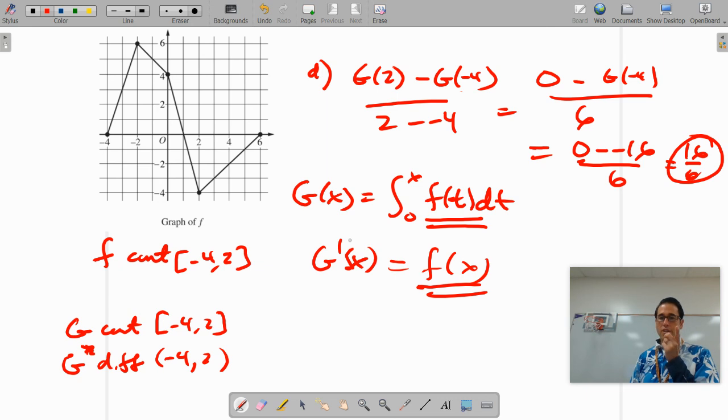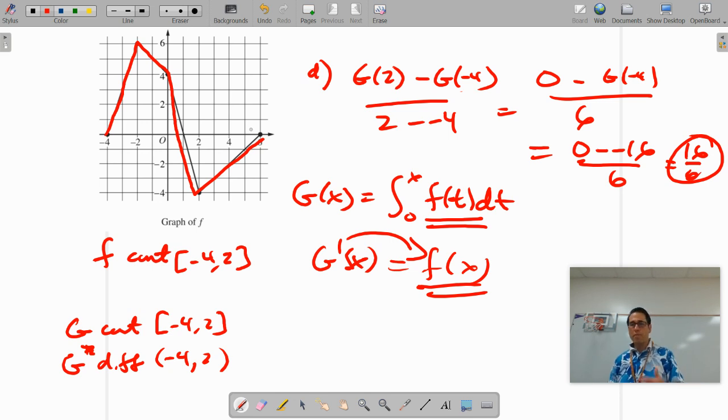And if the derivative is continuous and it is this graph, boom, boom, boom, there's no DNEs. And since there's no DNEs, that means G of X is differentiable. And we know that G of X is differentiable because F of X is continuous. So there you go. You just have to write that out.